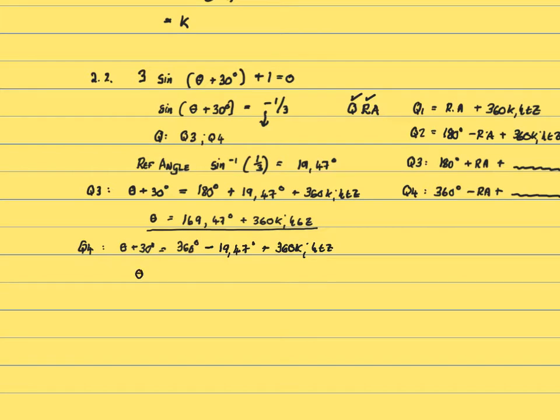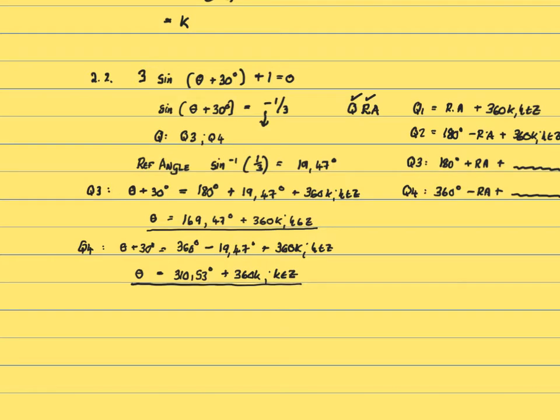Again, if I use my calculator and I go 360 minus 19,47 minus 30 degrees, I will end up with 310,53 degrees plus 360k, where k is an element of integers. Now those are the general solutions, but the question didn't ask that.